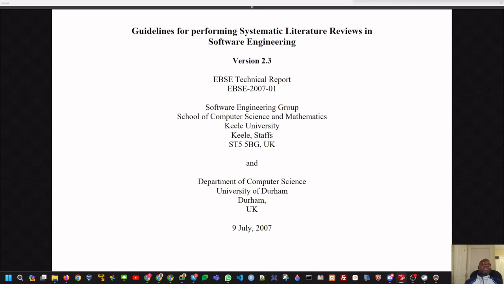Of course, he is talking about systematic reviews in software engineering, but generally you can apply them to computer science, and possibly it works for all these other domains, and it is very important to know that this is the case.